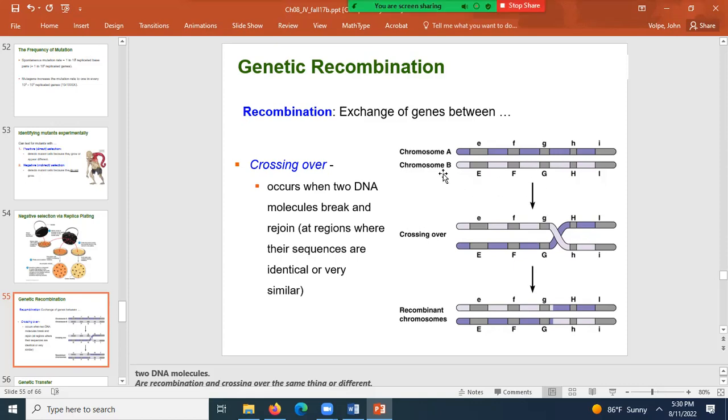Chromosome B is the mother's chromosome, with capital alleles in gray, whereas chromosome A is the father's chromosome, with lowercase alleles and blue color. The two chromosomes can pair and then cross over, where the father's H and I portion of the chromosome will break off the father's chromosome.